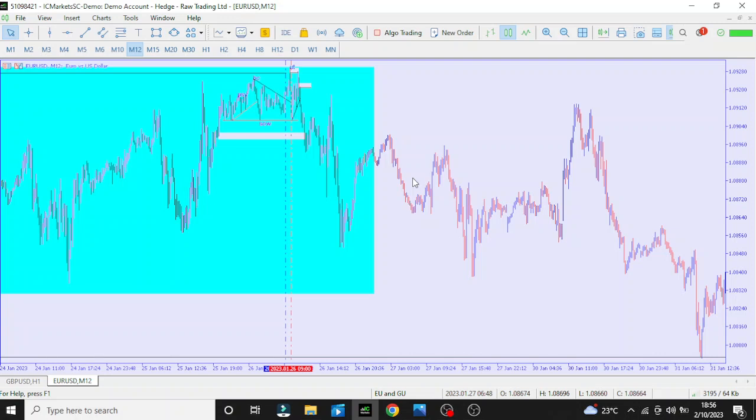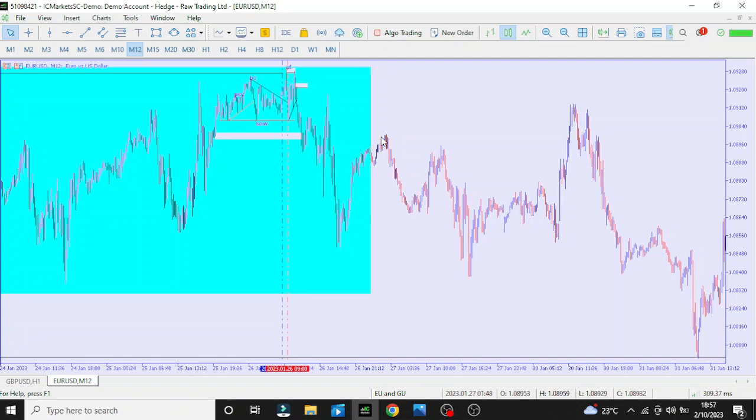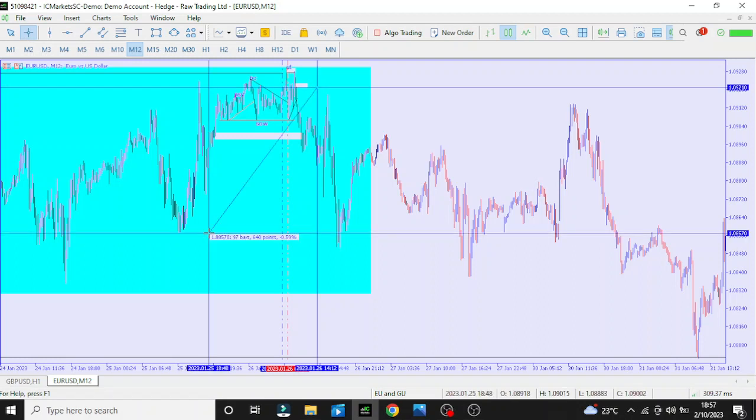He captured 1 is to 8. I captured 1 is to 7.5, but I got an entry above his entry. I'm really happy, guys. I would have been very happy to take my targets around this area. It would have been 1 is to 30.